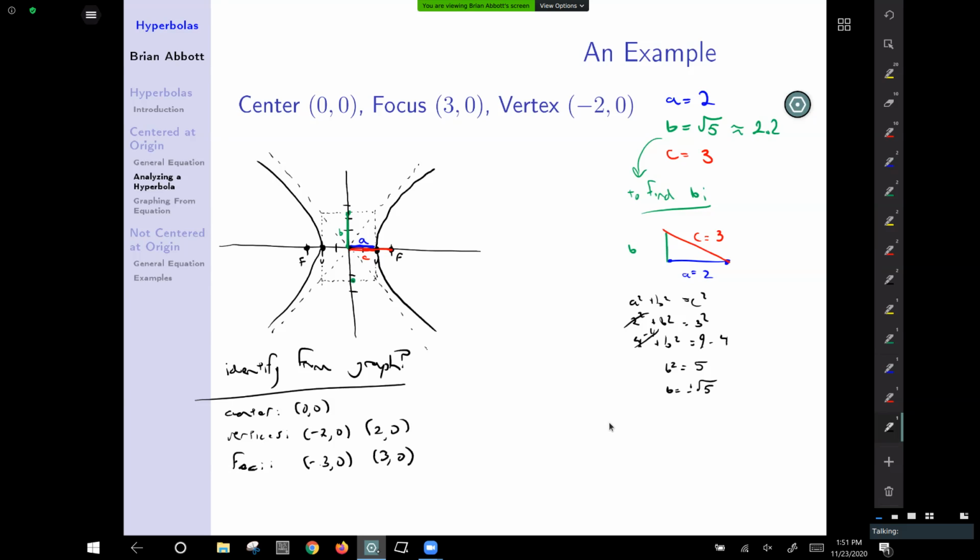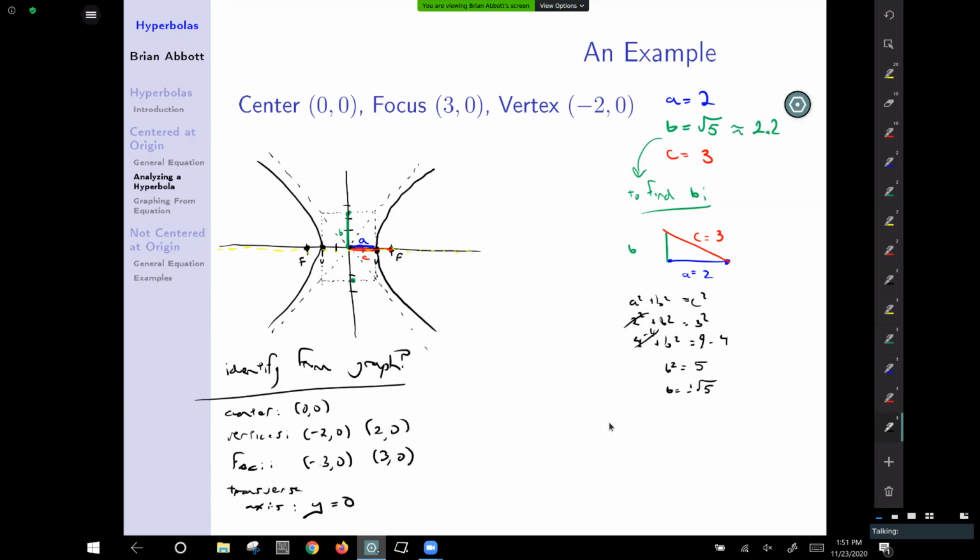What else could we identify from there? We could identify the transverse axis, the line that goes between the vertices. The transverse axis in yellow here, a little hard to see, apologies, is the x-axis. And what is the equation for the x-axis? The equation for the x-axis is y equals 0. So straight away, we can identify that.